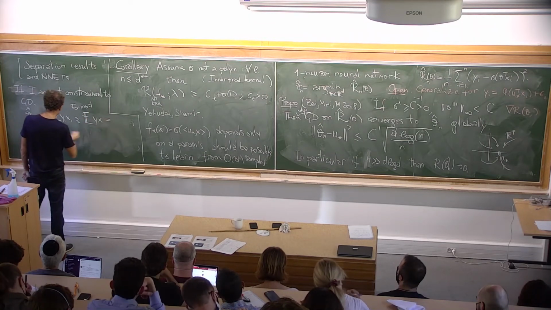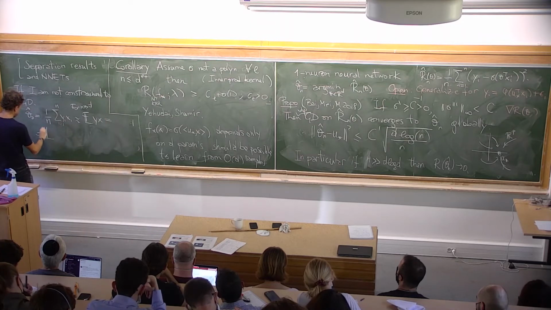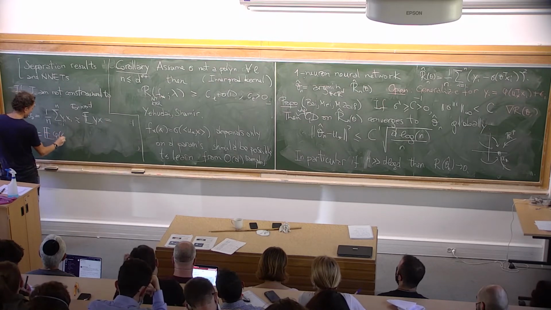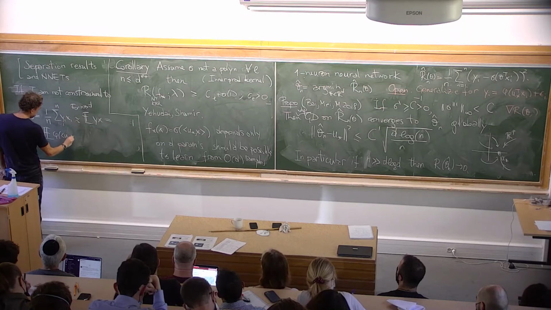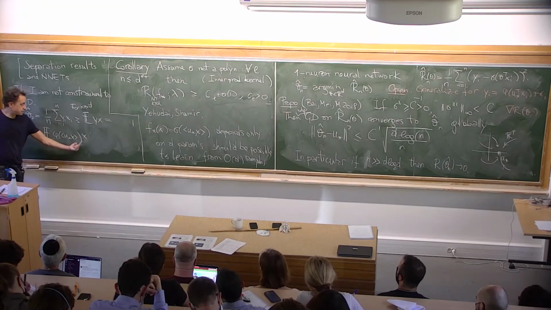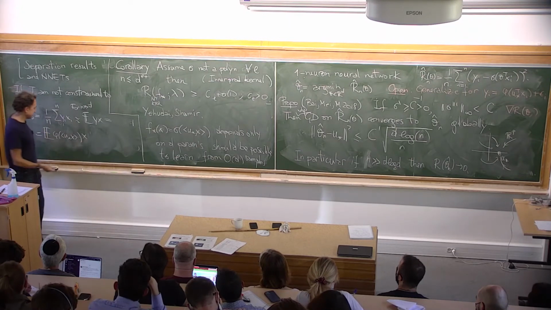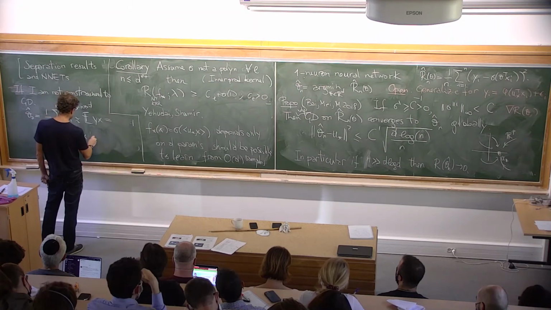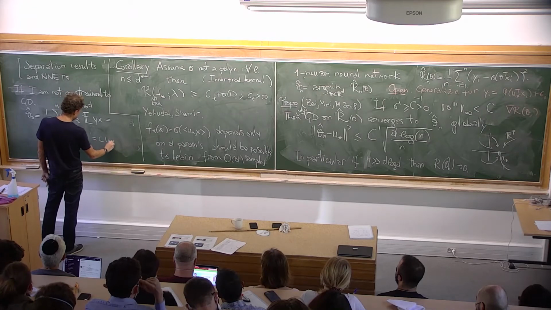And what is this? This is the expectation of phi of u star x times x. And you see that if x is isotropic, then this is proportional to u star. This is a constant times u star.